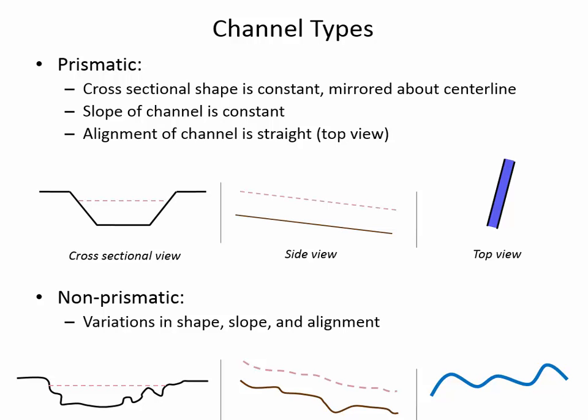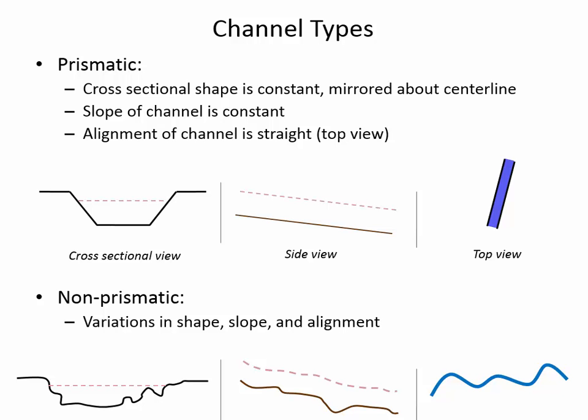So the water slope is constantly changing in response to changes in channel slope. And then it may also be meandering and not just a straight channel. So, prismatic versus non-prismatic: it's easy for us to calculate the depth and the flow rate for a prismatic channel. When we get into subsequent chapters and start solving Manning's equation, we'll usually do that for a prismatic channel.